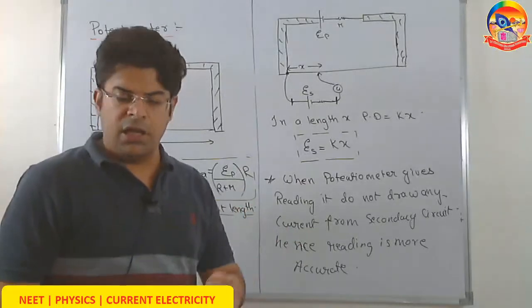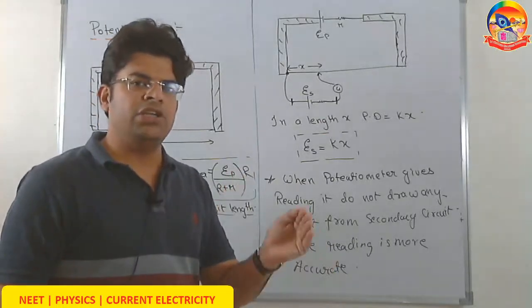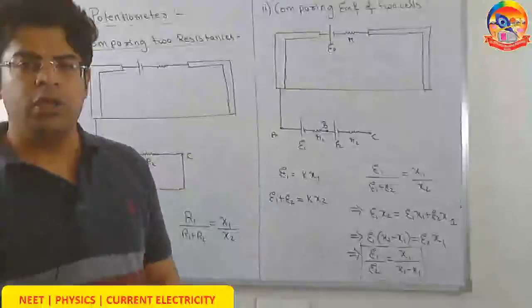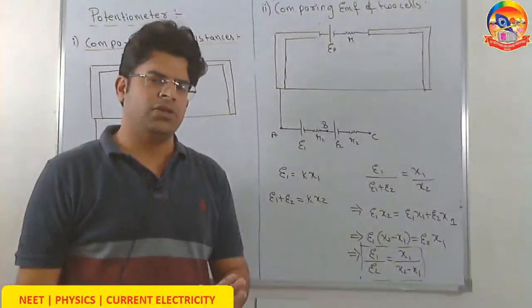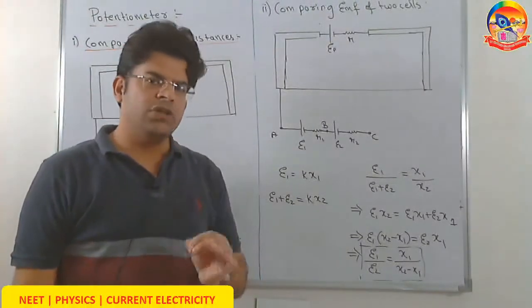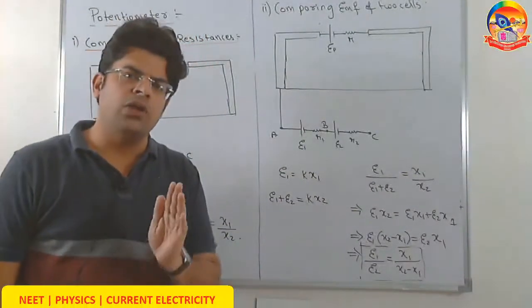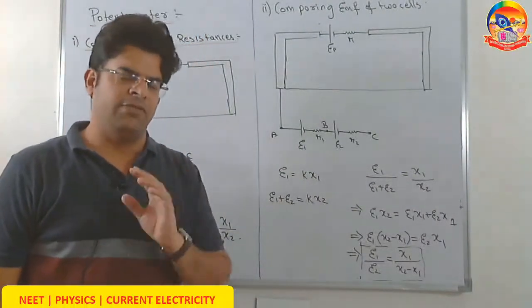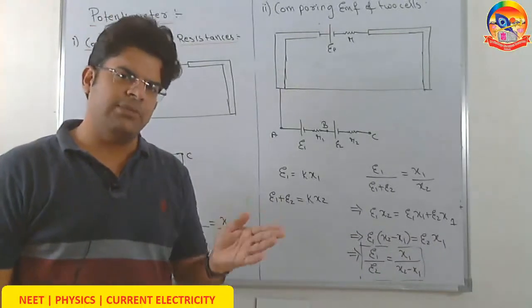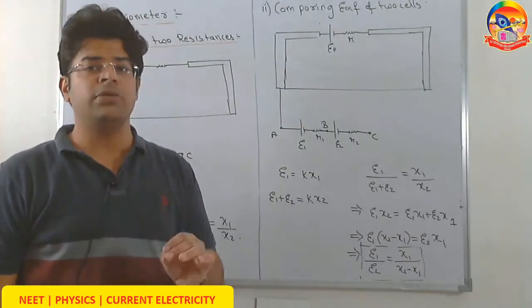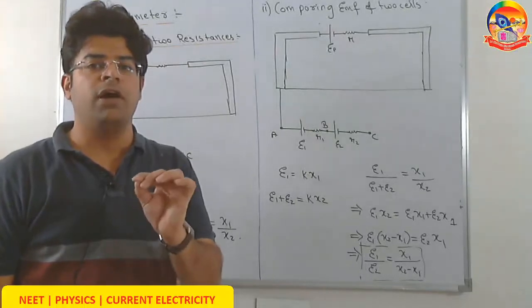Now we will learn different things that can be done using a potentiometer. So now let's look at usages of the potentiometer. A potentiometer can be used for comparing two resistances or to find an unknown resistance if a known resistance is given. You will say, you said the same thing for the meter bridge. Yes, a potentiometer can even do the work of a meter bridge.